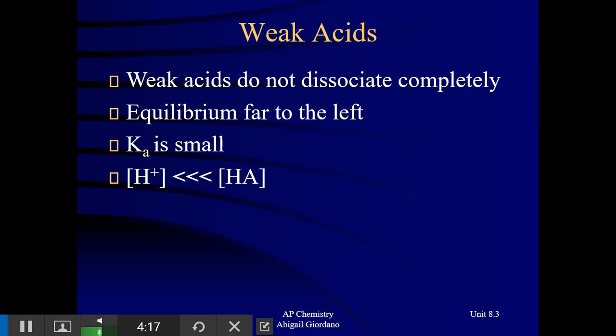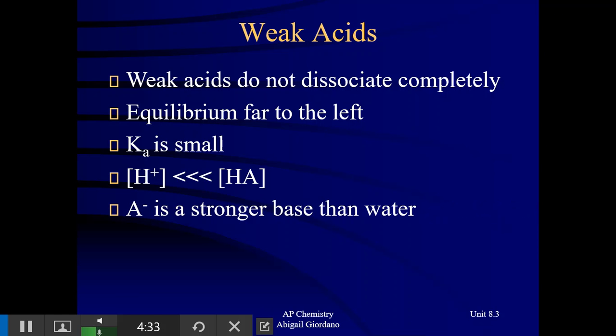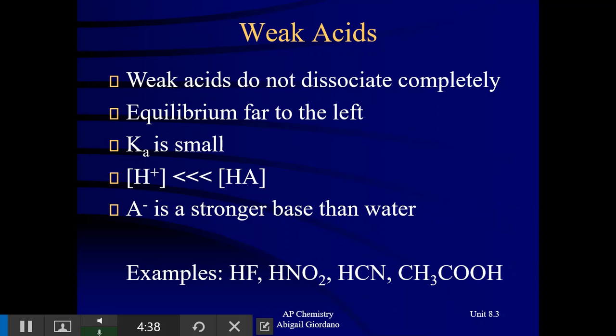And if there's very little product, and H plus was one of the products, there will be very little H plus. Most of the acid, guys, is going to stay in the HA form. Very little of it is going to break off. Some, but not much. And we'll talk about that statement a little bit later.